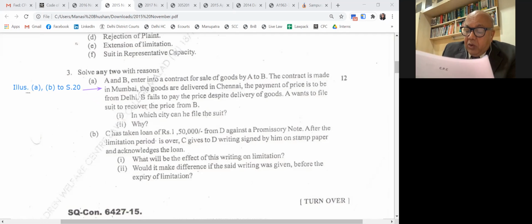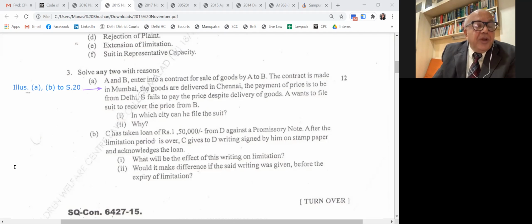C has taken a loan of rupees 1,50,000 from D against a promissory note. After the limitation period is over, C gives a writing signed by him on stamp paper to acknowledge the loan. Now this will come under Section 18.